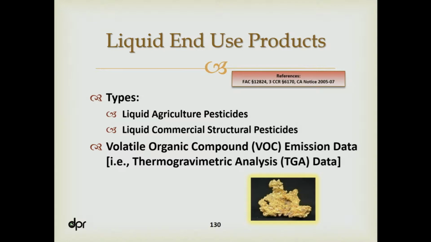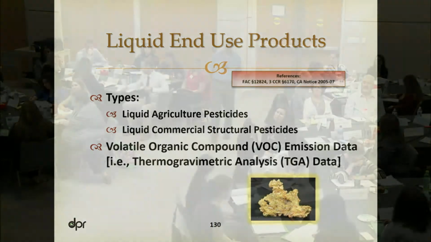To satisfy that, you're going to be giving us thermogravimetric analysis data, or what we call TGA data. Is that correct? Yeah. Okay, good. And Russell works with that program too, so his name as a reference, phone number, is very good to use. That's a little nugget of gold for you.